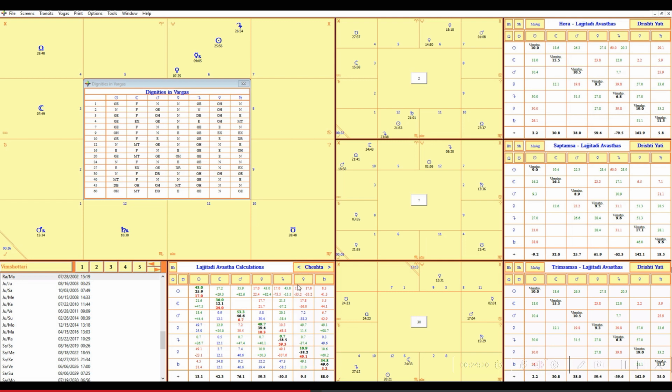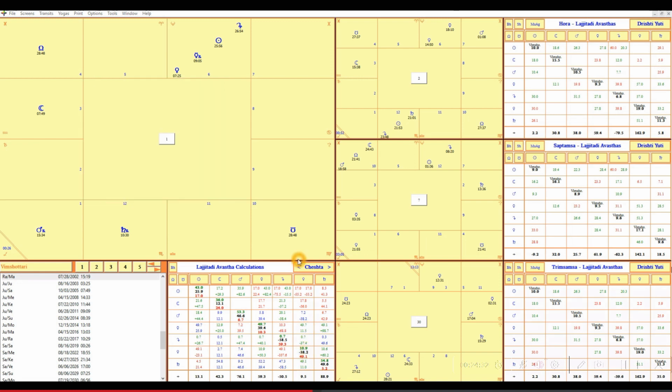So for instance, Venus is helped by Mercury to 49.7 points here. Okay? Good, that's a lot of Cheshtabala. Venus starts out with just 10 Cheshtabala. That's low. Okay, so Venus's Cheshtabala is 10.9. That means its anti-Cheshtabala is 49.1. Because 10.9 and 49.1 is 60.